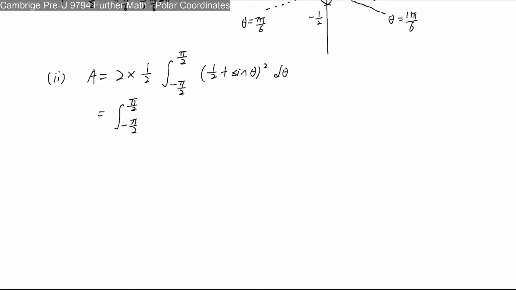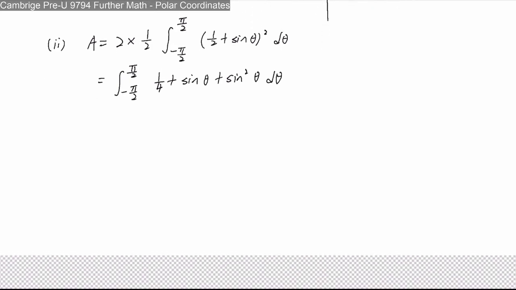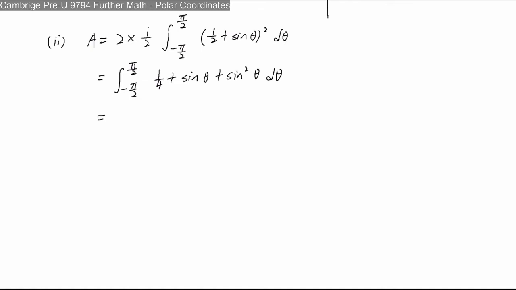So expanding gives us 1 over 4 plus sine theta plus sine squared theta d theta. We know that we cannot simply integrate the sine squared or cos squared term, so we have to rely on the double angle to help us integrate. So we have to change the sine squared to the double angle first. We can use the cos 2 theta formula for that.